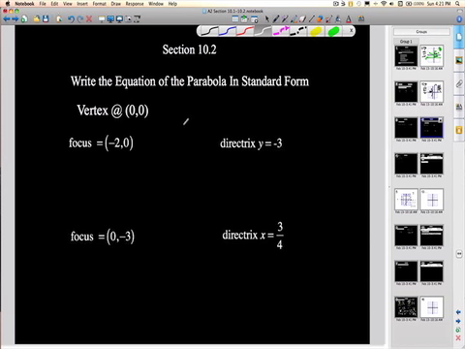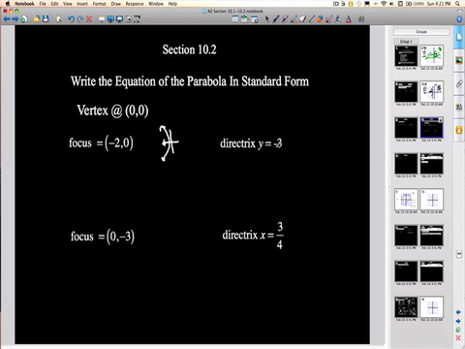Okay, now notice, if my focus was on the x-axis, negative 2, 0, that means that from 0 we went negative 2 to find the focus. This is what this parabola is going to look like.